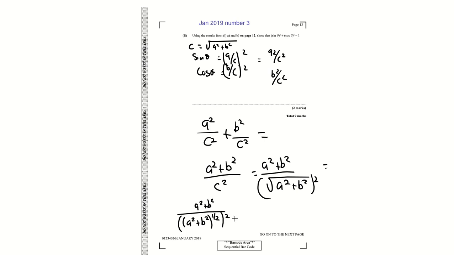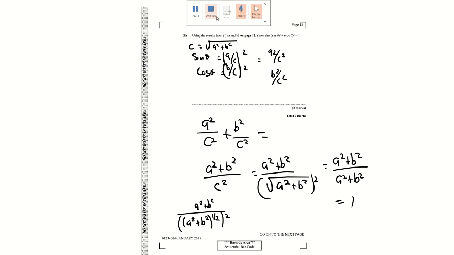A half times 2 is 1. So that's why I said the square root and the squared cancel out each other. So now you have A squared plus B squared over A squared plus B squared, which when we divide, you're going to get 1. And that is how you would do this question. That's how you would prove that sine squared theta plus cos squared theta is equal to 1.